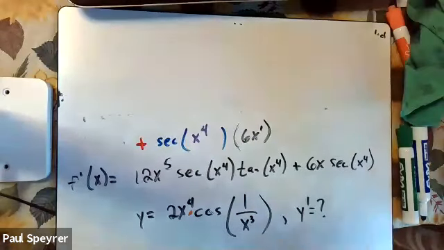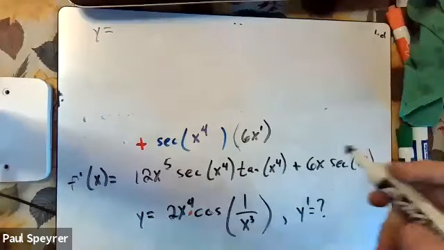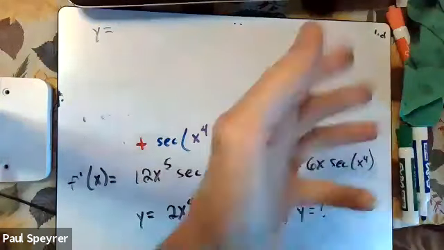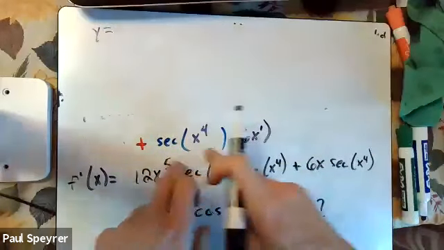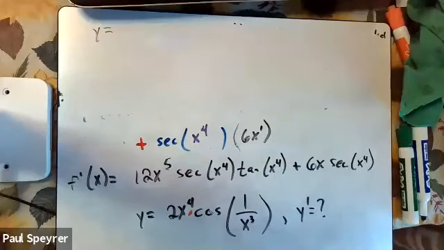I'll rewrite it with different colors again. Any of you guys have different colored pens or pencils, use a pencil, a red pen, a blue pen, purple pens, whatever. Write all your different little pieces in different colors because it kind of helps, right, to see which chunk you need to derive.